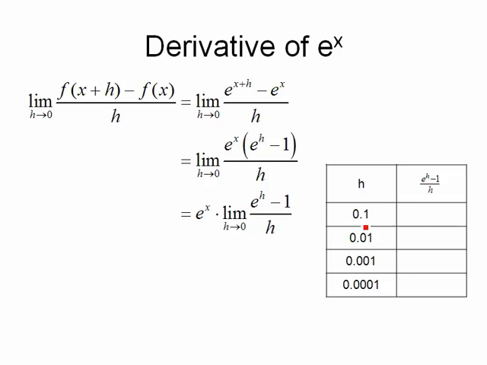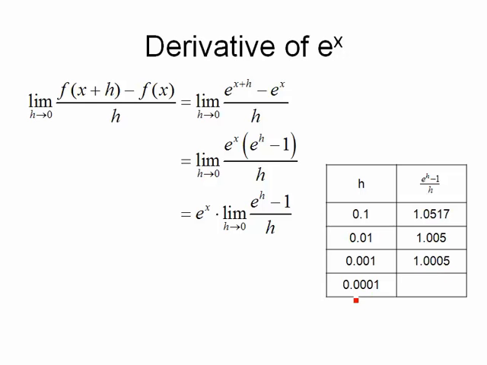If I put 0.1 into e to the h minus 1 over h, I get about 1.0517. If I put in 0.01, I get 1.005. I get an extra 0 in here. If I put in 0.001, I get 1.0005.